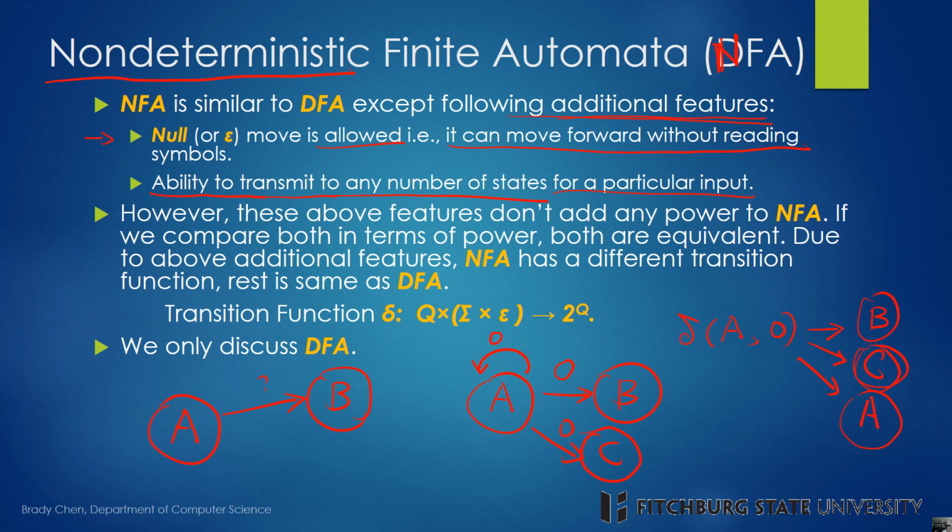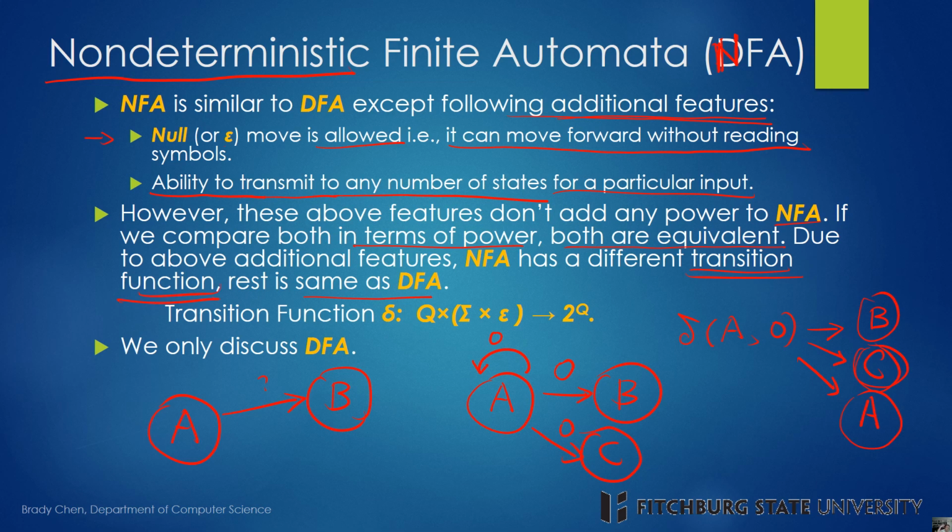These above features don't add any power to the non-deterministic finite automata. If we compare both in terms of power, both are equivalent. Due to the above additional features, NFA has a different transition function. Everything else is the same.